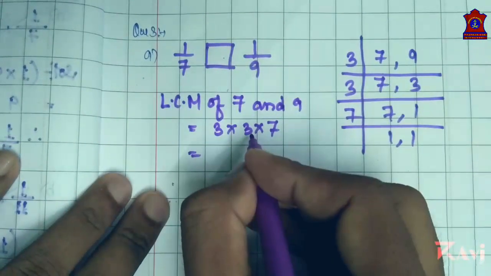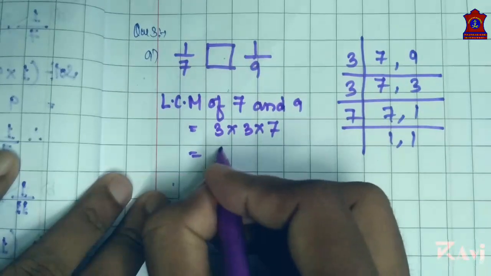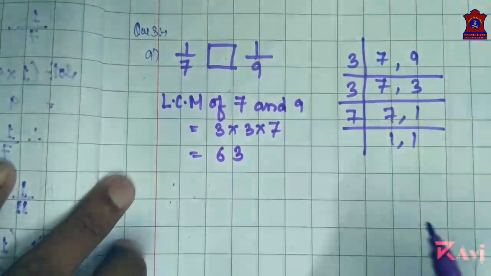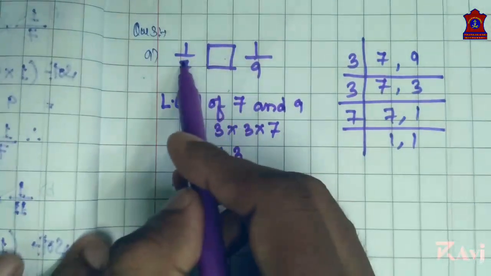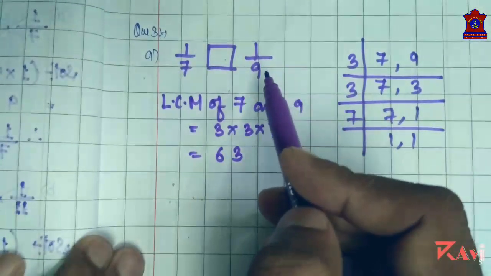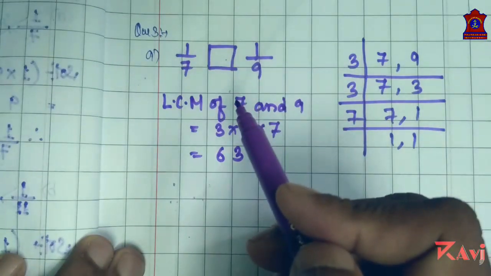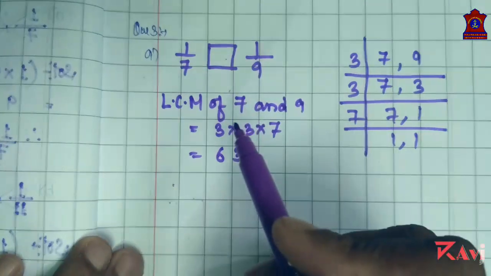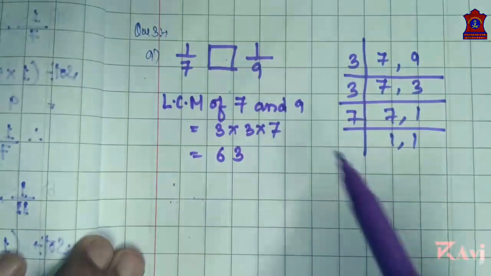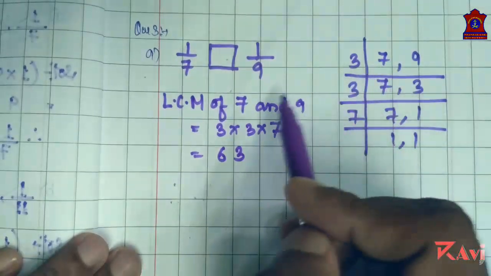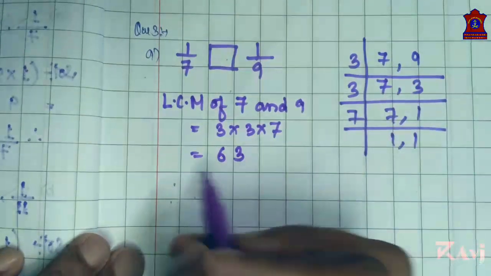So 3 3s are 9, 9 7s are 63. Clear? So we have got the LCM as 63. See, to compare two fractional numbers, you need to make them like fractions. To make fractional numbers like fractions, we need to find the LCM.